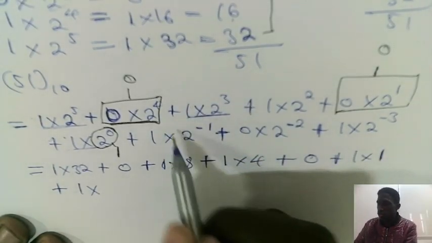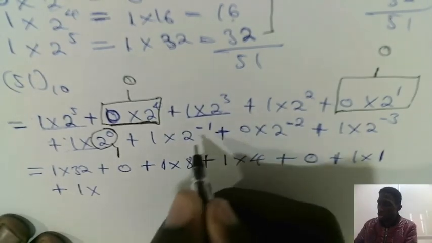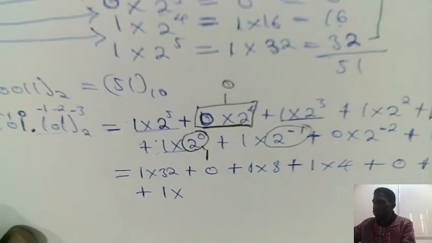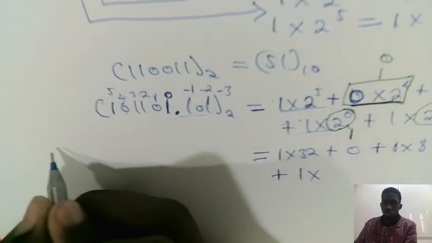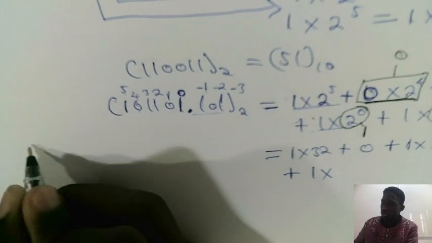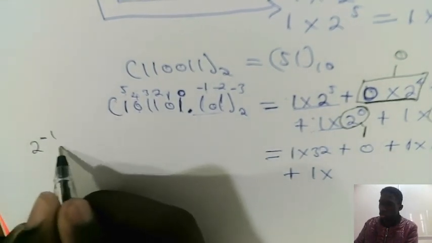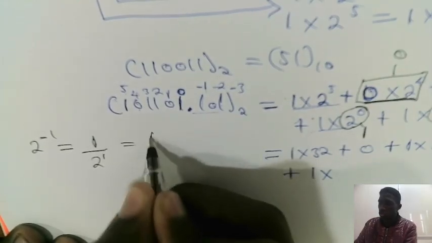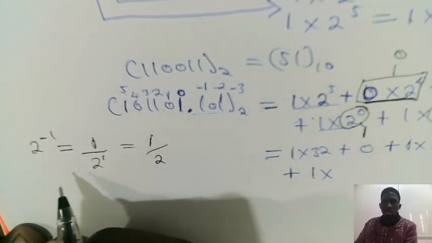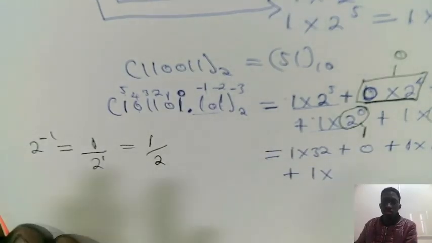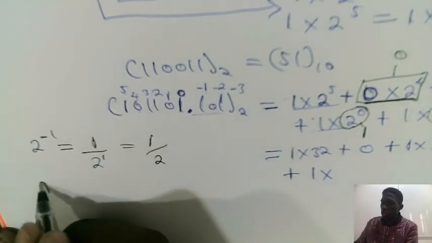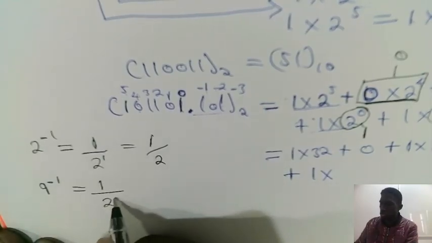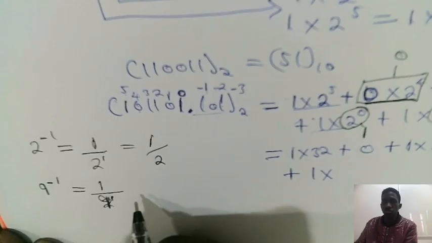Okay, so we have this part here where we have 2 to the power -1. How do we simplify it? Whenever you have any number to the power of -1, it's just equal to 1 over the number raised to the power 1.